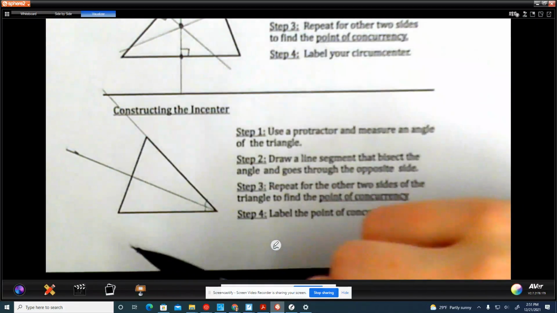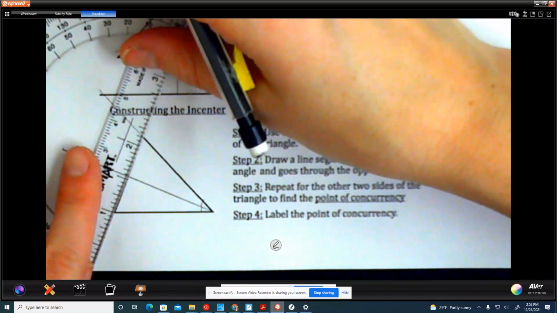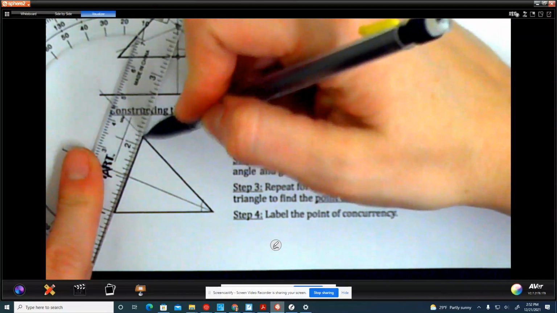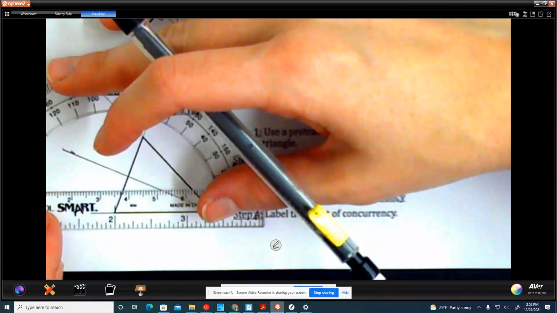Okay, the next angle I'm going to do is this bottom left one. So this time I'm going to extend this side of the angle, this ray. Put it on this vertex, line it up with the bottom there.